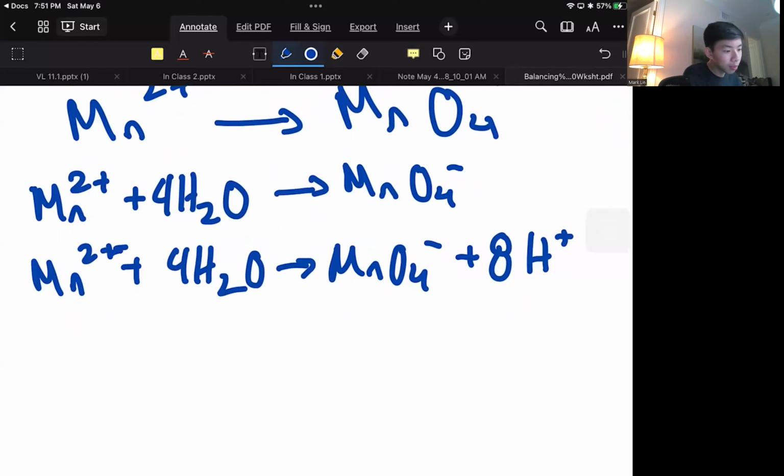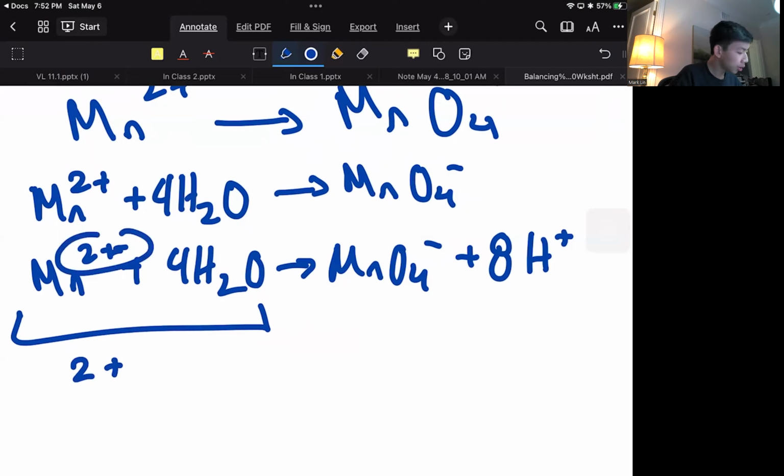With that, the first thing to do is to balance the oxygens. The second step is to balance the charges. On the reactant side, we have a grand total of positive 2, because there's one +2 here and none there.